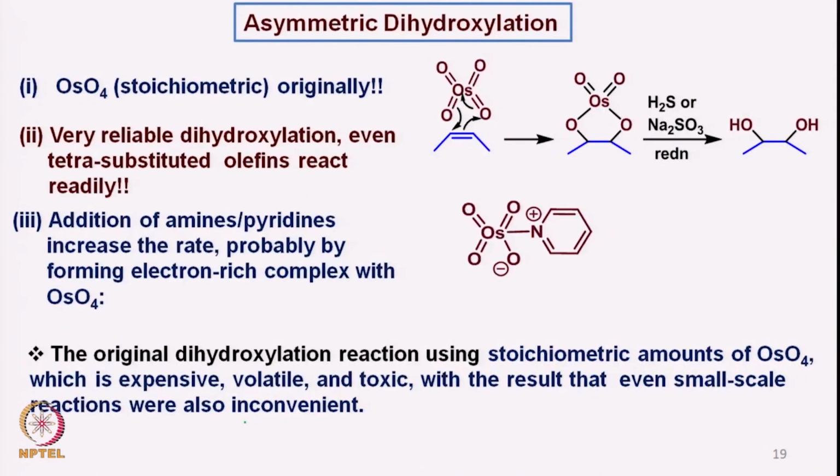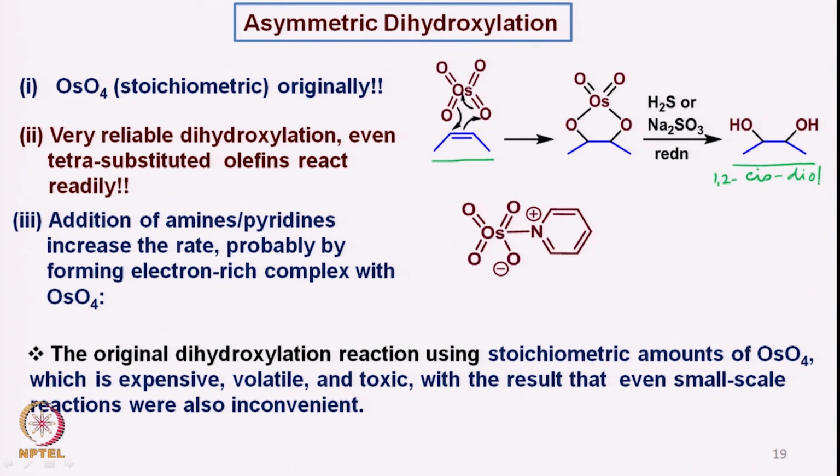Now we start another topic, which is asymmetric dihydroxylation. Originally, the dihydroxylation of an olefin gives the corresponding diol, which is a 1,2-cis diol, and this kind of 1,2-cis diol has been obtained by reacting olefins with osmium tetroxide.